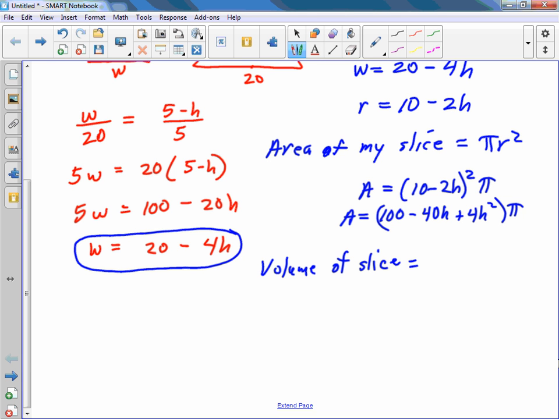So now the volume of the slice is going to be pi times, and I'm going to leave pi out for now. And let's write this the other way. We're more used to seeing this as 4h squared minus 40h plus 100 times the thickness of the slice would be what?